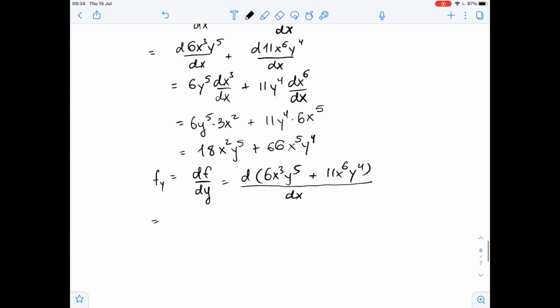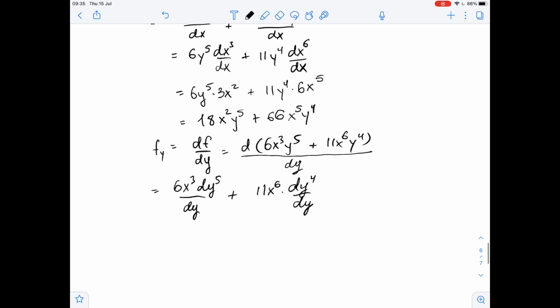Here we get 6x cubed times d y to the 5th power over dy, plus 11x to the 6th power times d y to the 4th power over dy. Sorry, I don't know why I wrote dx, it should be dy.